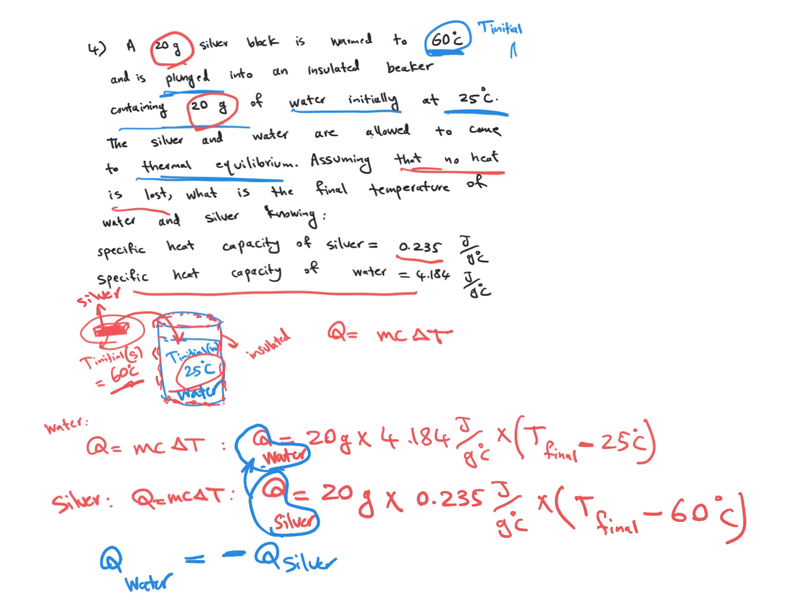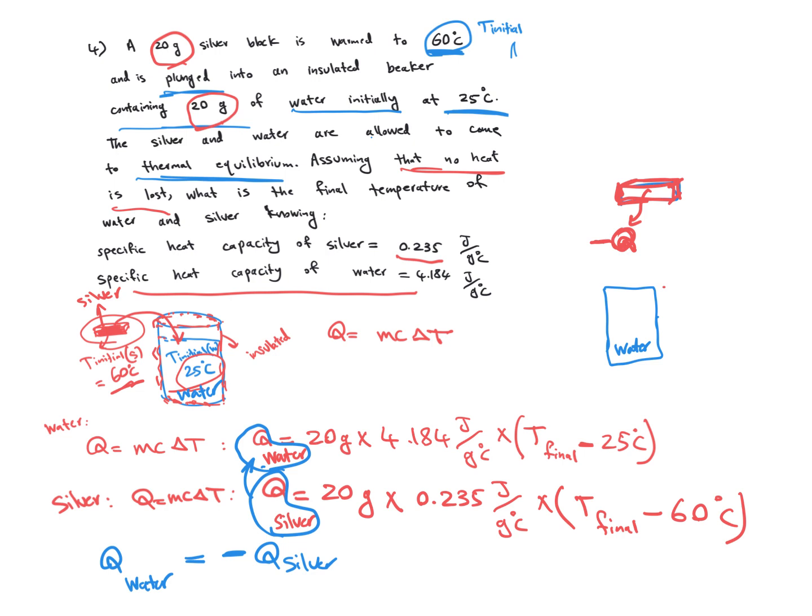Because if you consider your block of silver, I write that with red, Q goes out of it, so it's positive, right? If you consider this as your system. If you consider the body of water, and I write the body of water like this. If you consider this as your system, so sorry, this one, the beaker, gives, releases heat.